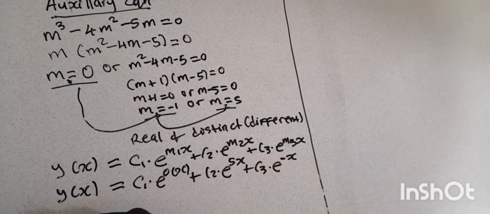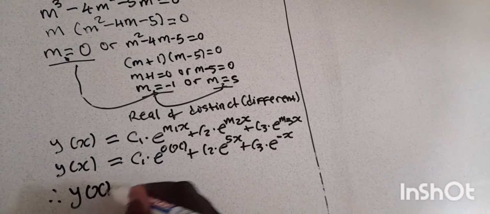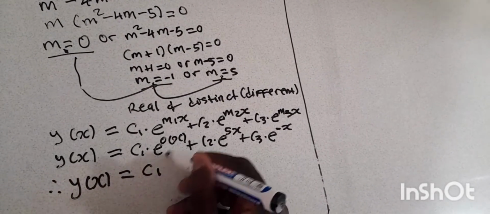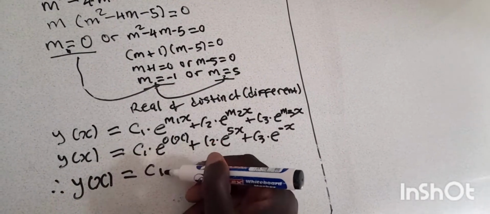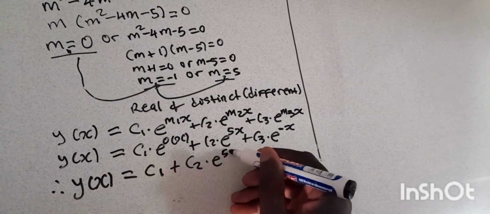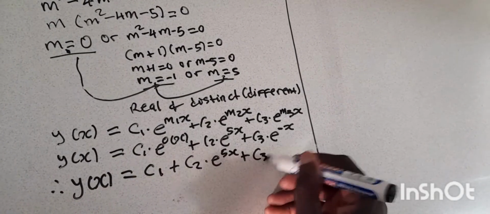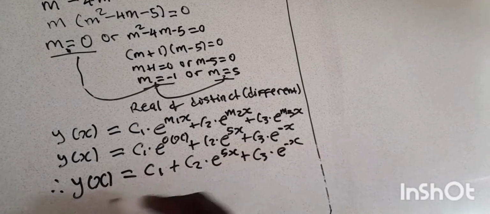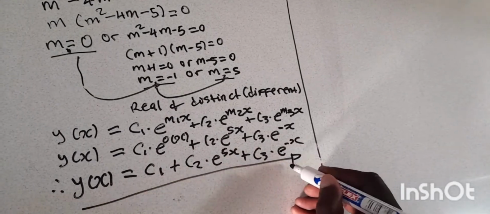Therefore the general solution will be c1, because any number to the power 0 is 1, plus c2 times e to the power of 5x plus c3 times e to the power of minus x. This is the general solution for this particular problem.